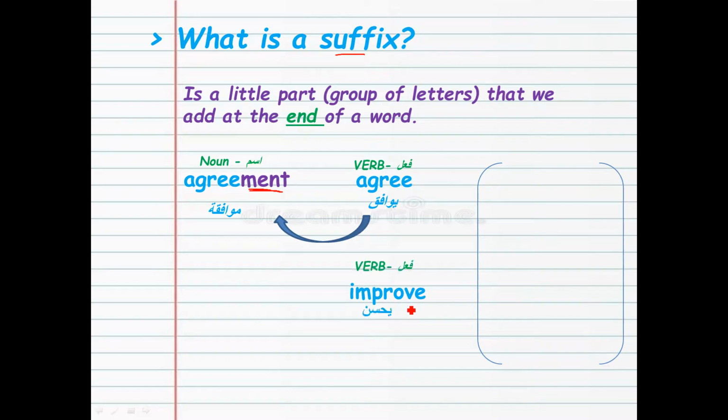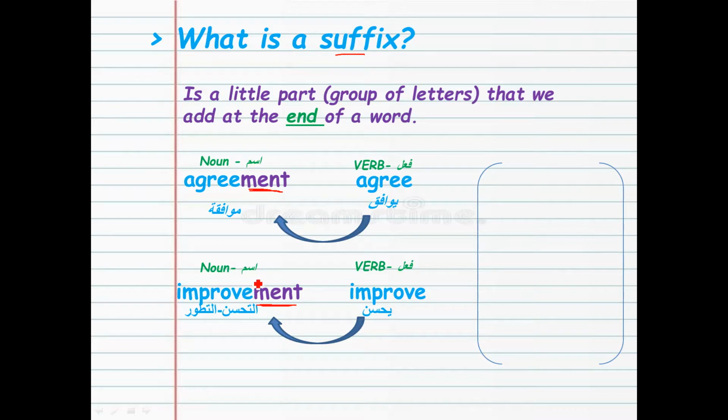It's a verb وهي فعل. If I want to change it to a noun, إذا أردت تغيير هذا الفعل إلى اسم يصبح improvement. Okay, MENT، فأصبح بمعنى التحسين أو التحسن أو التطور, which is a noun. So change it from a verb من فعل إلى اسم noun.